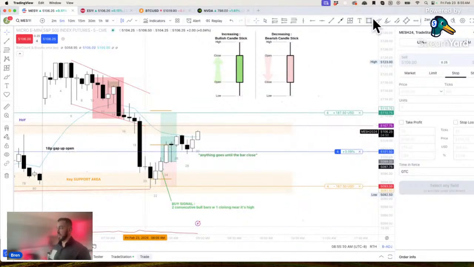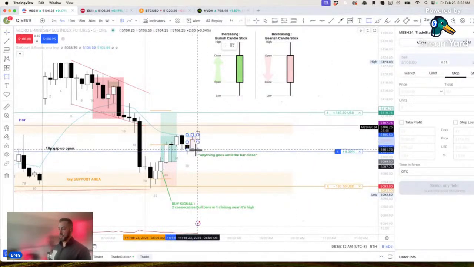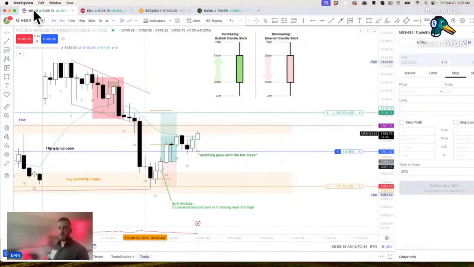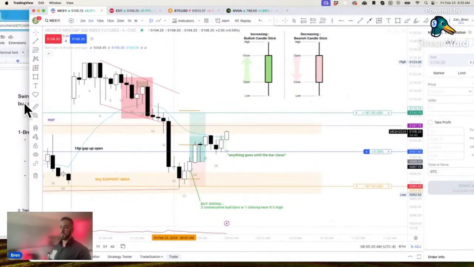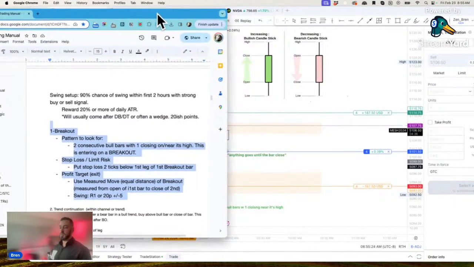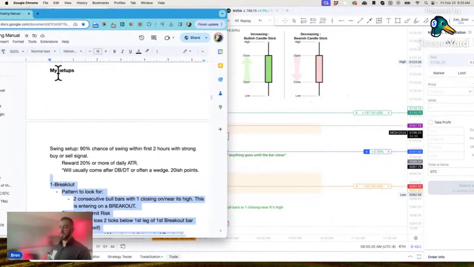Okay, so that's another one of my setups. Lisa, remember I showed you my setups? So my first setup, these are my setups.